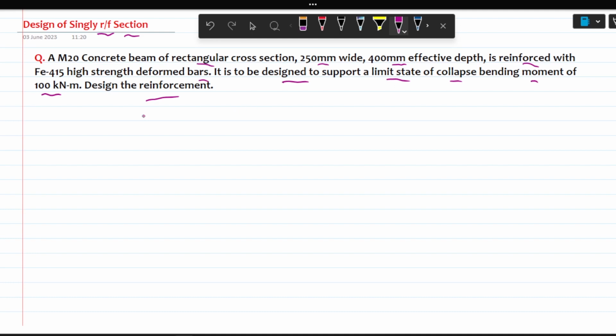Now let us start the solution of this problem. Solution. First of all, let us write the given data. It is given that width, that is B, is equal to 250 mm.